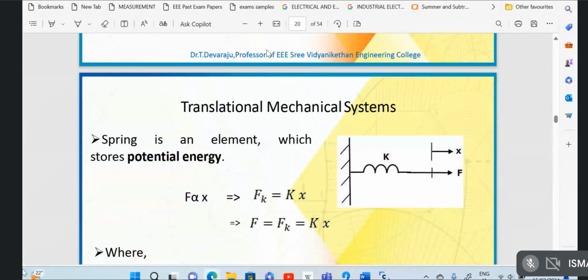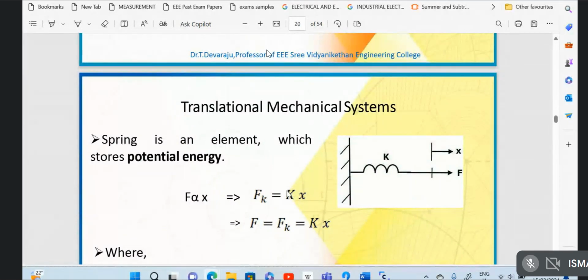So the spring is an element which stores potential energy, and force is proportional to distance. To bring that proportionality into an equation means equating it with a constant, there must be a constant k.